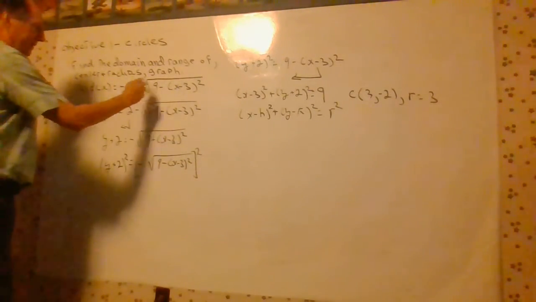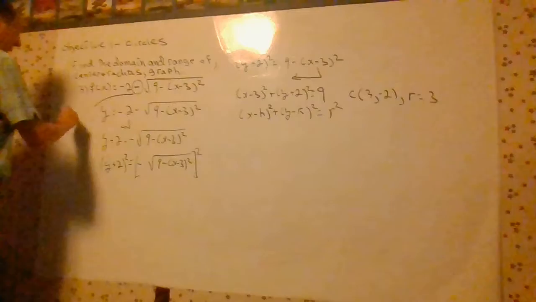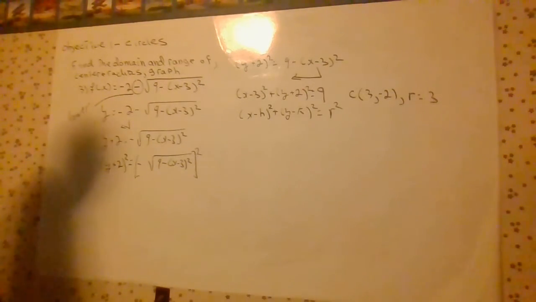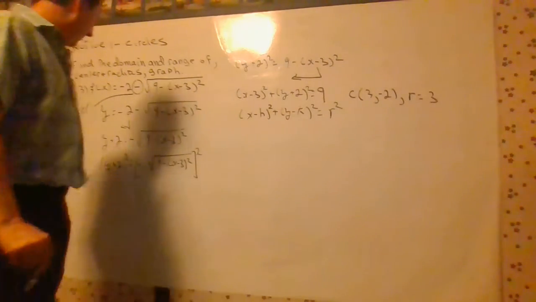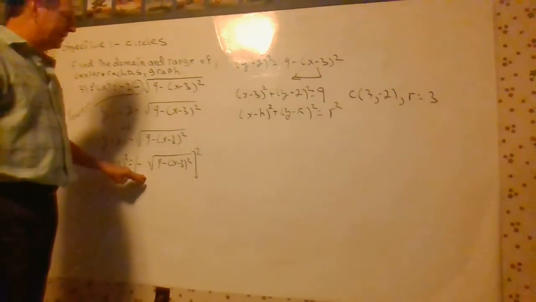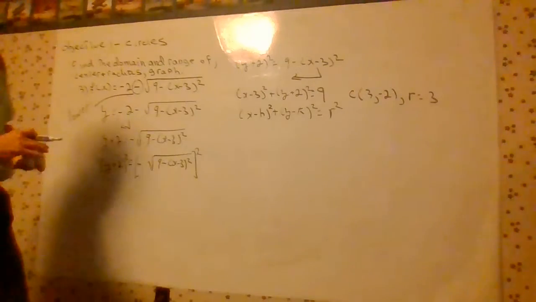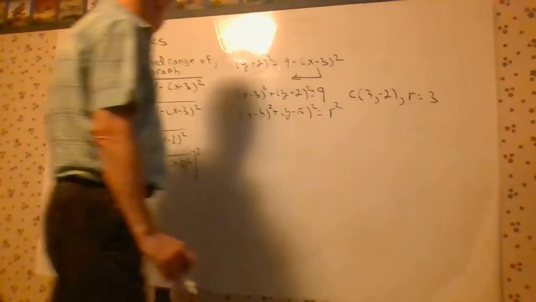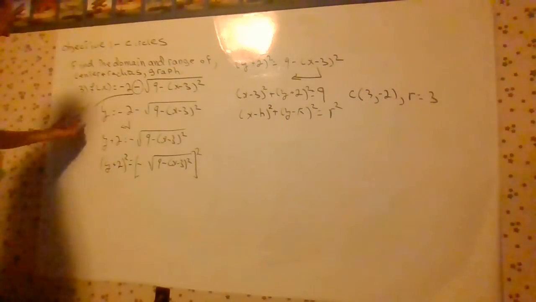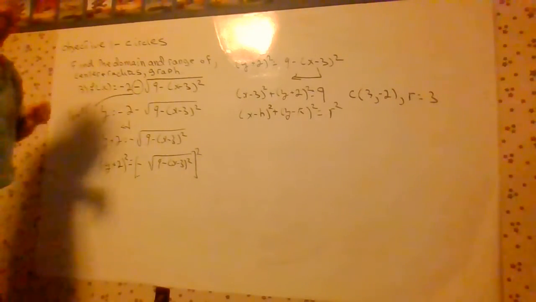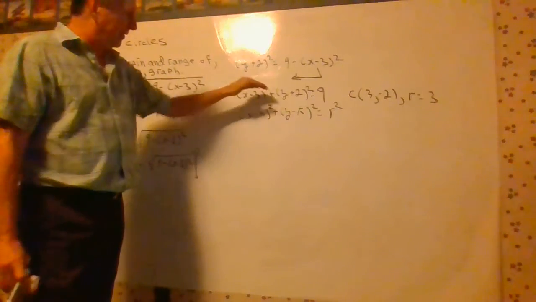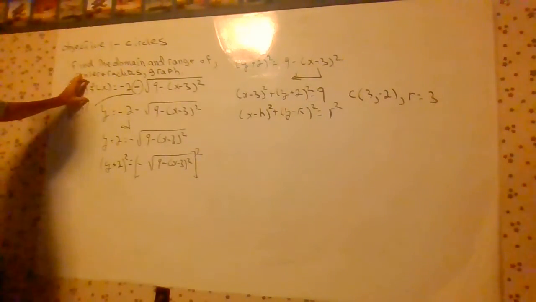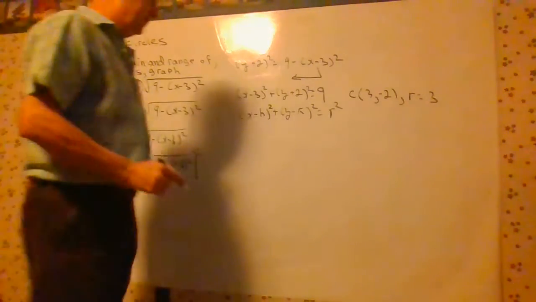This negative in front of the radical tells us this is a lower semicircle. That's pretty important. When we square both sides and get rid of the negative, we end up adding solutions to this equation. We add many, many, many ordered pair solutions. In fact, we start off with the lower semicircle as a set of solutions. We ended up adding the upper semicircle. So you have to go back to the original function to figure out precisely what it is we have.